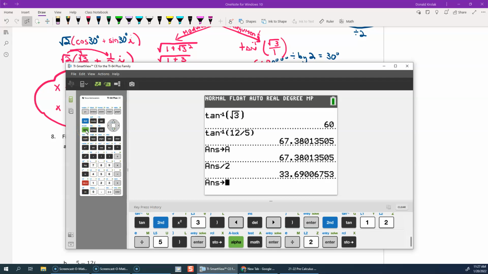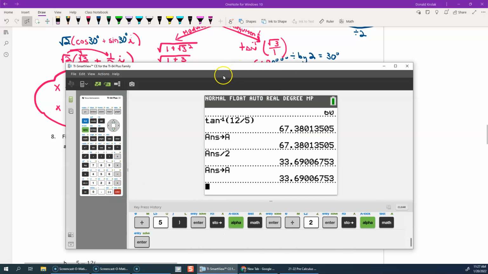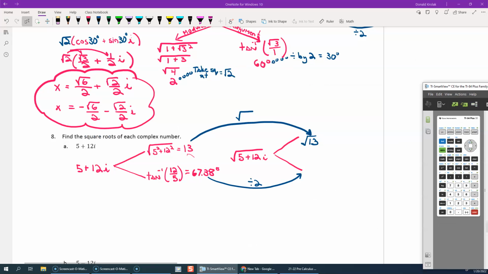Store alpha A. Okay, so 33.69. Okay, and now you can write out your answer. Let's see.